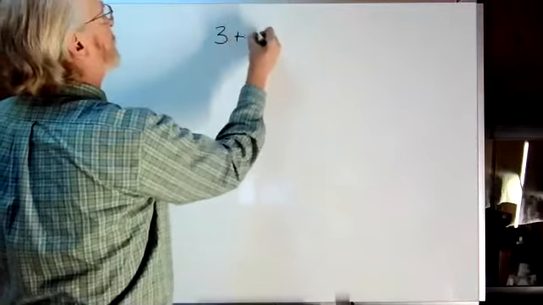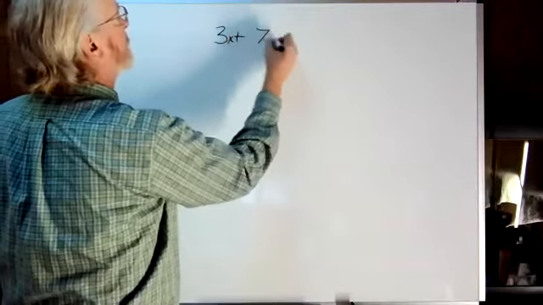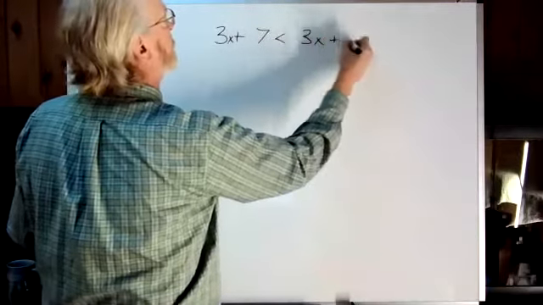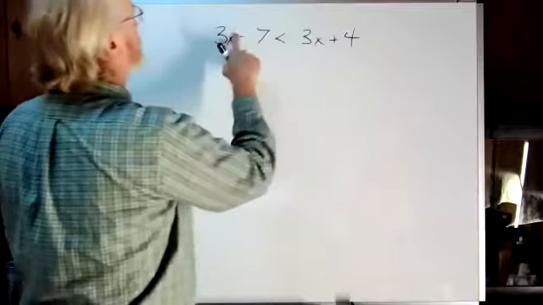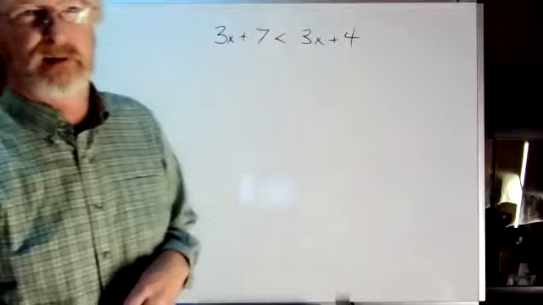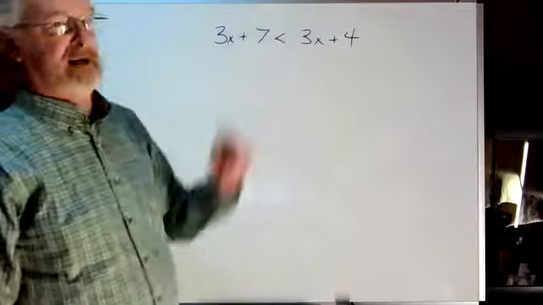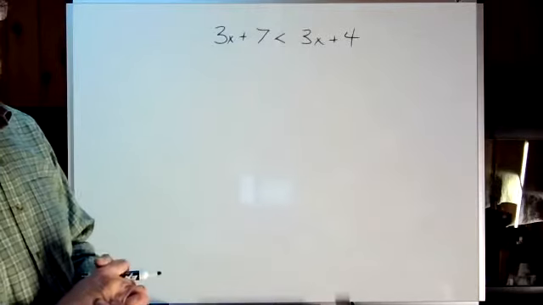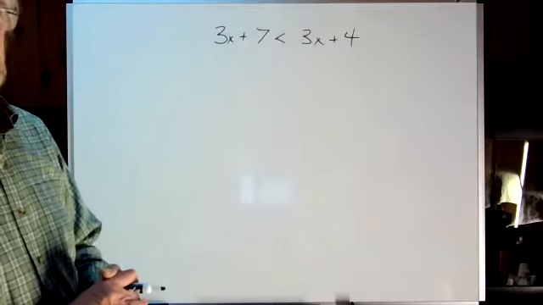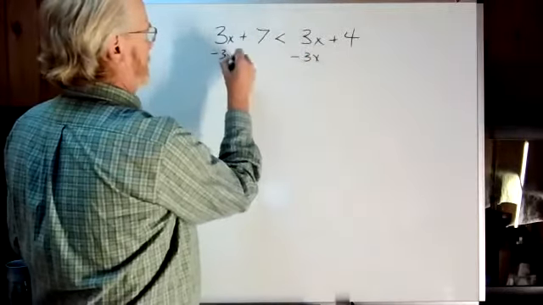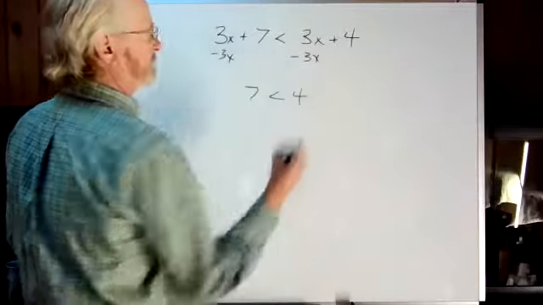Without getting too tricky, here's one that says 3x plus 7 is less than 3x plus 4. Kind of made it simple. You start to see, this is going to be similar to the last one, but it's going to be false. Subtract the x's. I get 7 is less than 4.